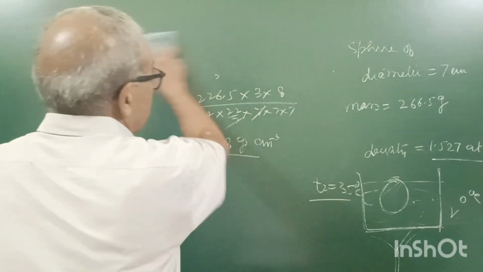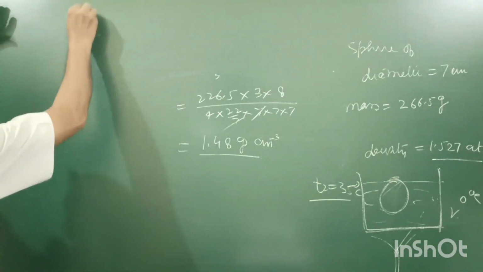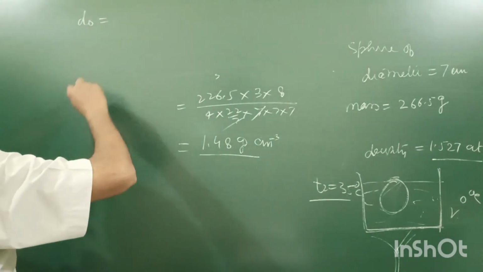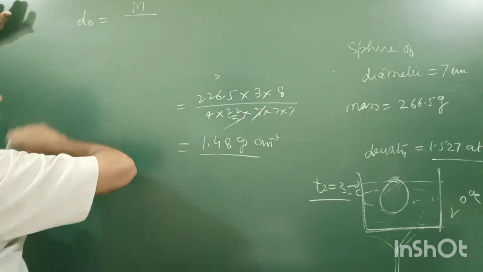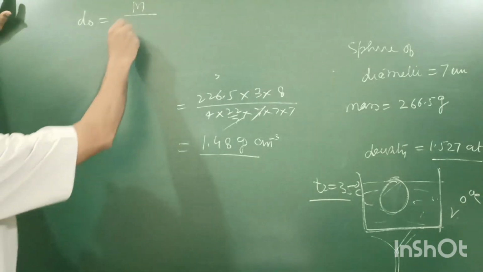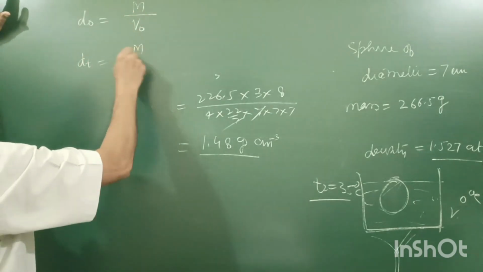Density of liquid at 0 degree centigrade is m upon V0, and density at t is m upon Vt.